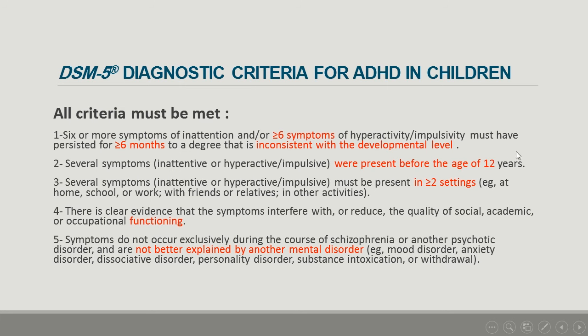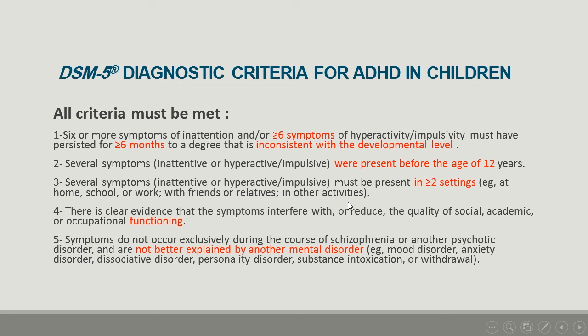For the second criteria, it necessitates those symptoms or most of these symptoms have an onset before 12 years of age. This criteria actually is meant to exclude mood disorder, bipolar disorder, which have many common symptoms with ADHD. So the DSM-5 needs the onset to be before 12 years of age.